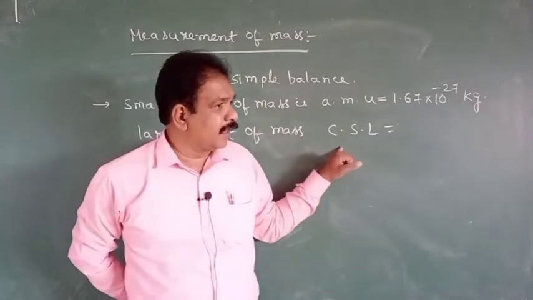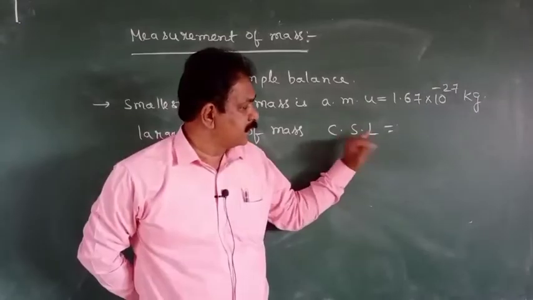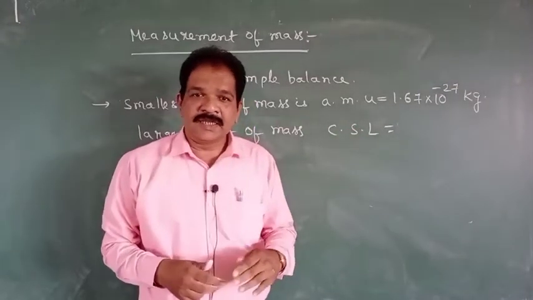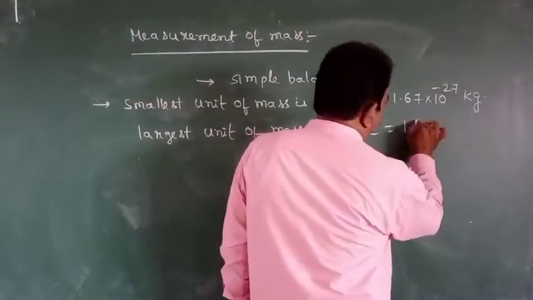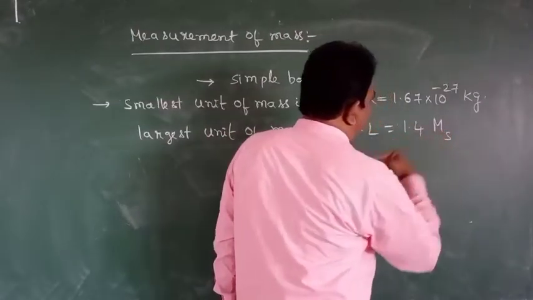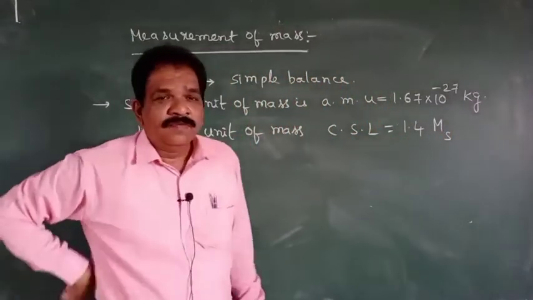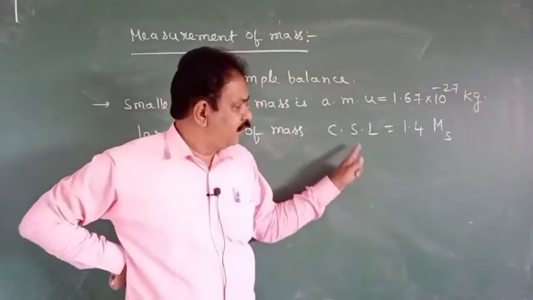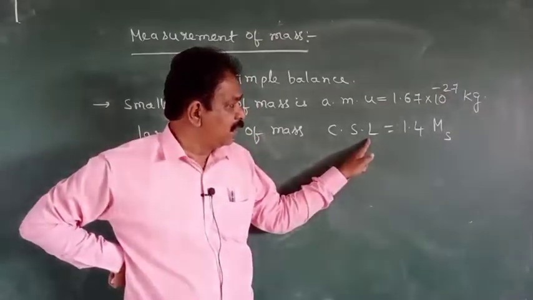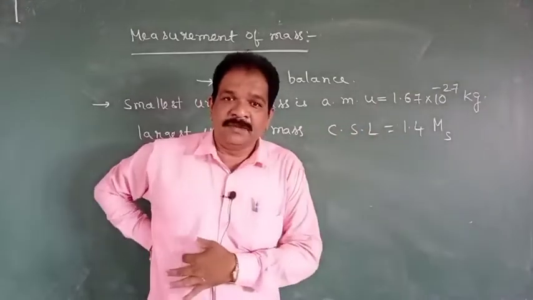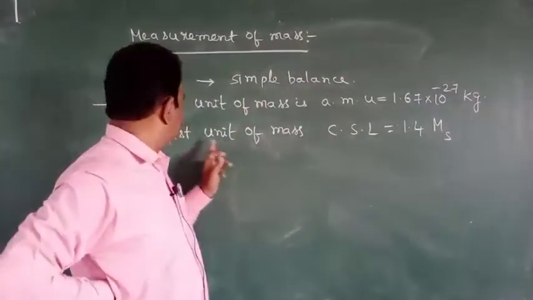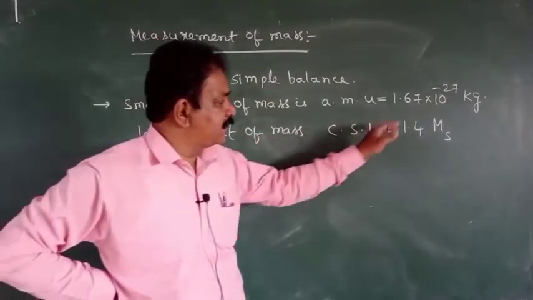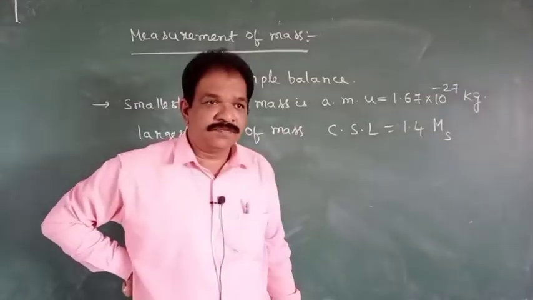In respect of him, they kept this unit CSL, Chandrasekhar limit, 1.4 times the mass of the sun. 1.4 times the mass of the sun will be called the Chandrasekhar limit. The point is clear. Using this, we can measure. This is the largest unit of mass.